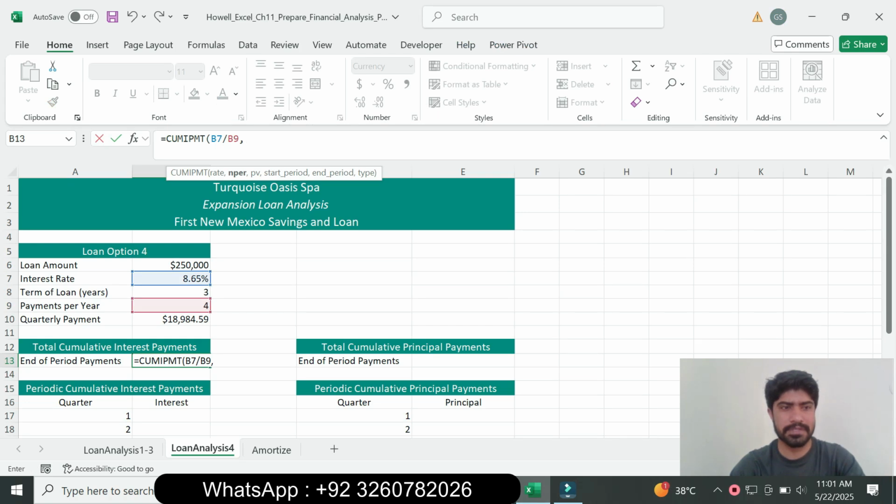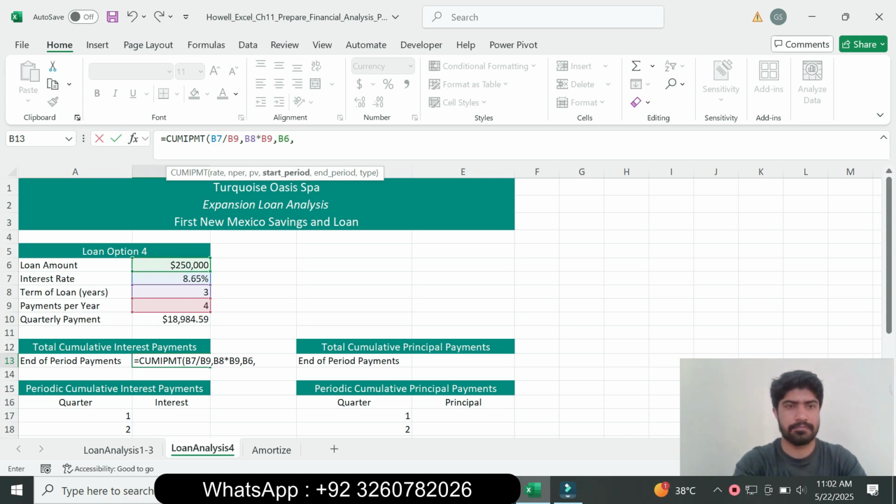Next is B8, the term of loan, multiplied by B9, the payments per year. Type a comma, and next is B6, the loan amount.